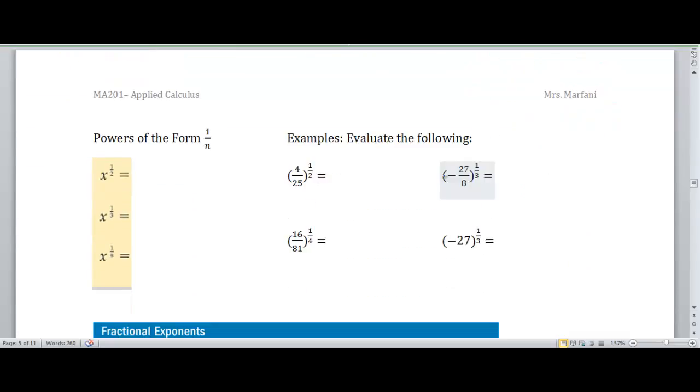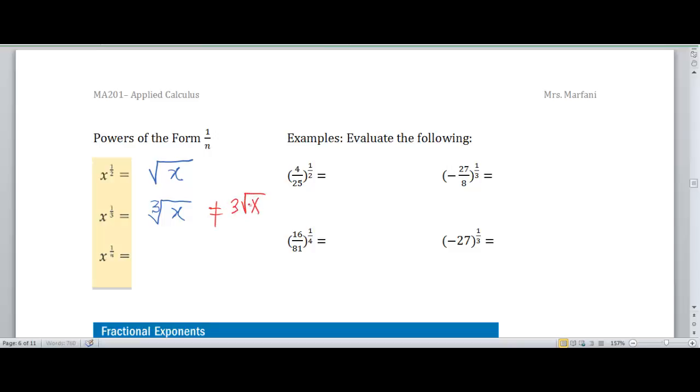Okay, let's scroll down. Powers of the form 1 over n. X to the 1/2, we write that as the square root of x. X to the 1/3 is the cube root of x. So you want to put the cube root inside that little area there. Be careful, this is not the same thing as this.